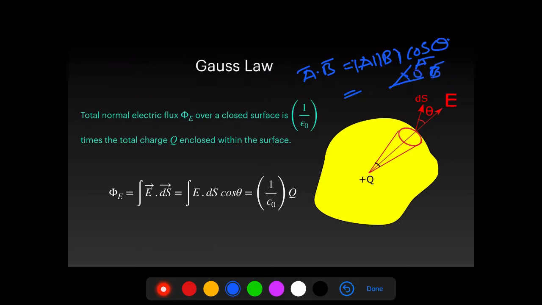Here we have E and ds. In that way we find out the flux. This is clear, I think.